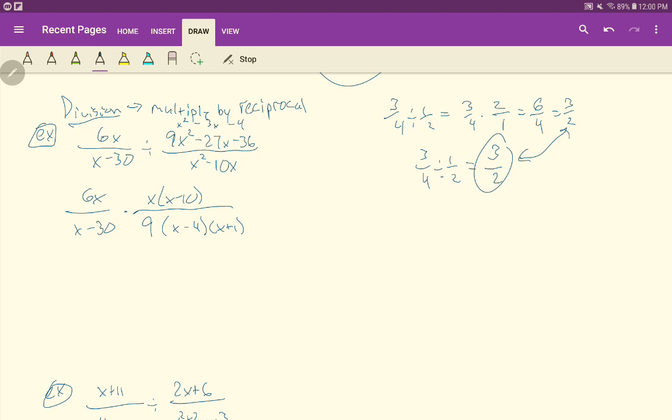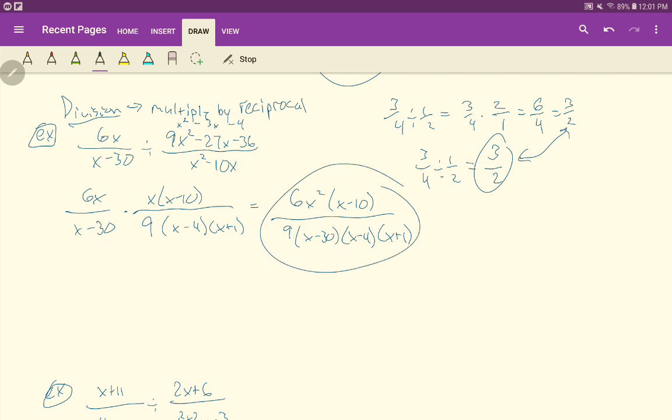Now, looking here, this does not factor or simplify at all, so we'd actually have to multiply this all out. So here's what I'm going to do. I'll multiply the 6 and the x to get 6x squared over, and then I'm not going to multiply out this junk. This is just too much. So I'll just leave it like this. And there's our answer.